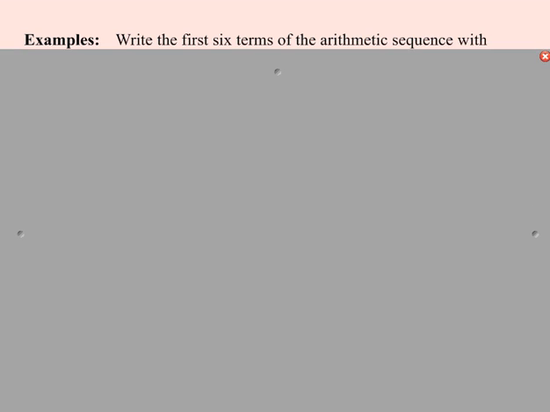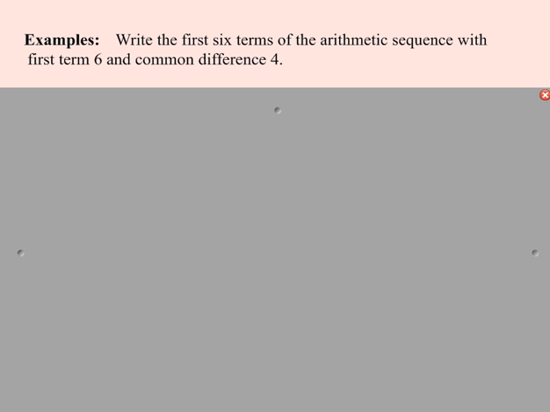All right, so we have some examples here. Our first example asks us to write the first 6 terms of the arithmetic sequence with first term 6 and common difference 4. Now remember that an arithmetic sequence is when we add the same number to each term.